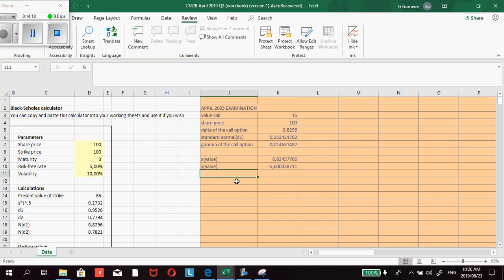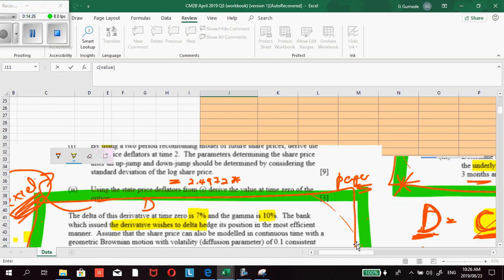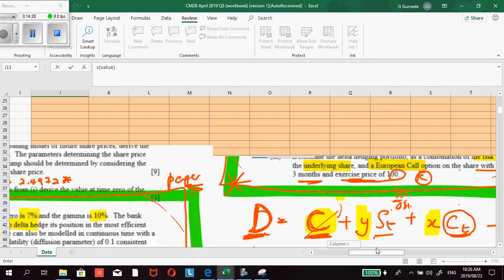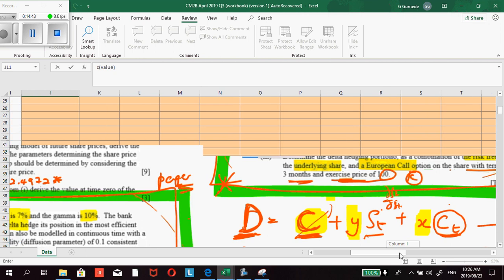Now I'm ready to find the C value. If you look at equation 1, you can see that the value of the derivative is equal to C plus Y multiplied by the share price plus X multiplied by the call option value.